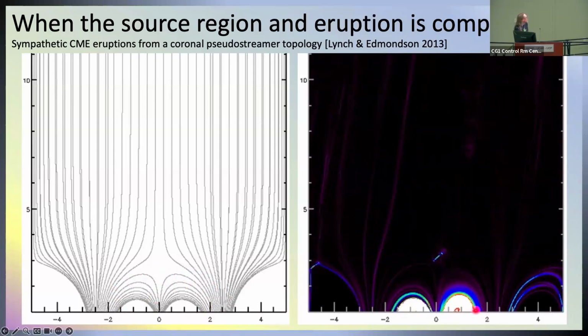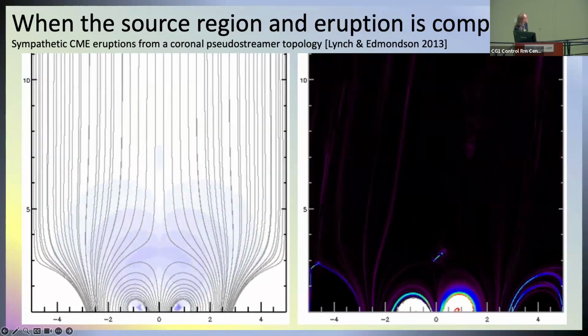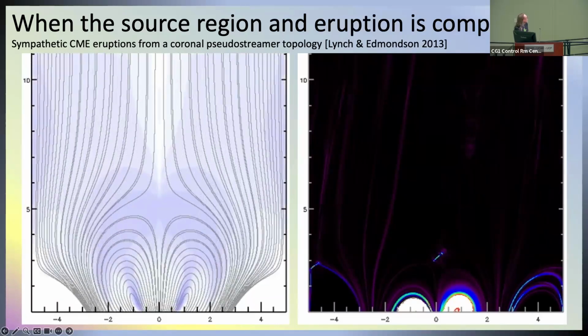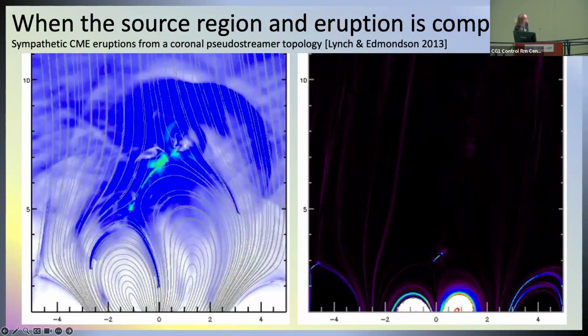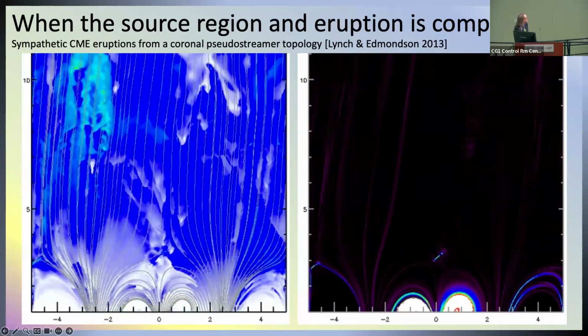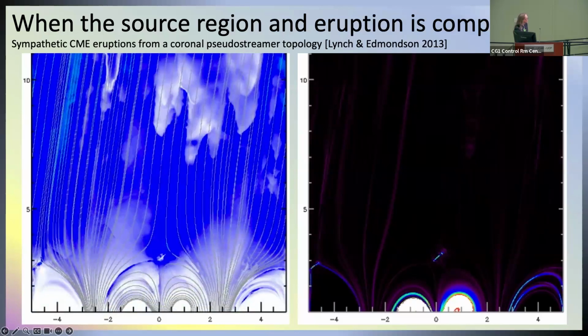I'm just dumping a bunch of energy and watching. On the right here I'm plotting current density. Okay, so this is going to be velocity. So once I expand these side lobes, I create a situation that is sufficiently stressed.